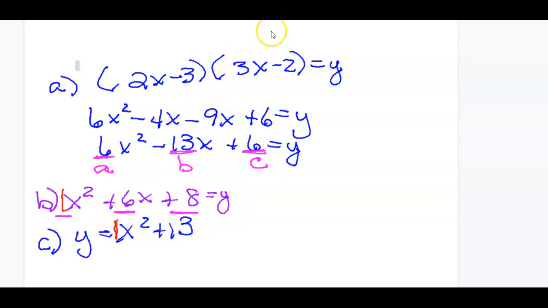But I also don't have the proper terms. Remember I said that a is attached to the x squared, so it's 1. b is attached to the x. I don't see an x in here. So that means there is no x, or there's 0x. So there's my b is a 0. And then finally my constant, or my c, is 13.